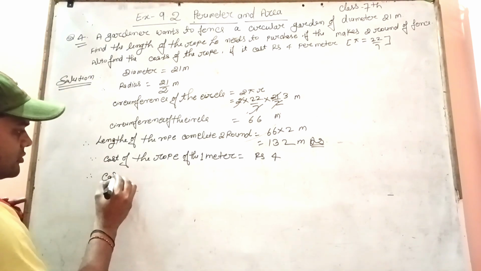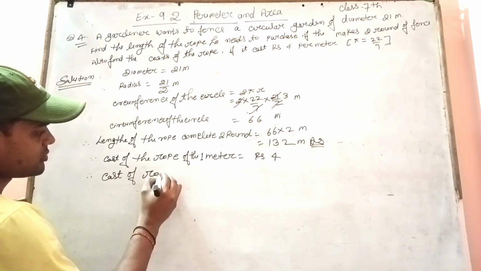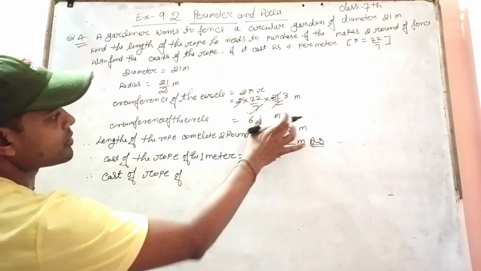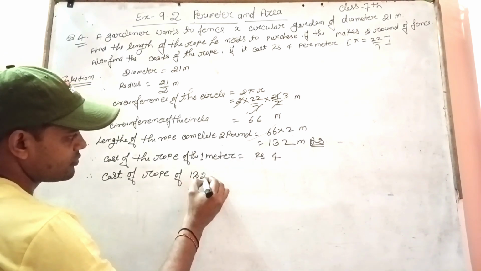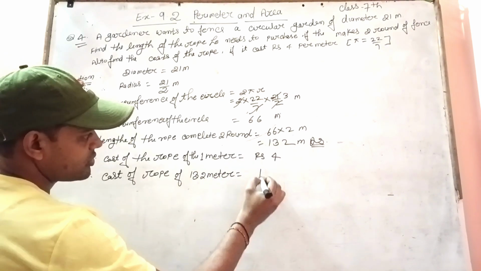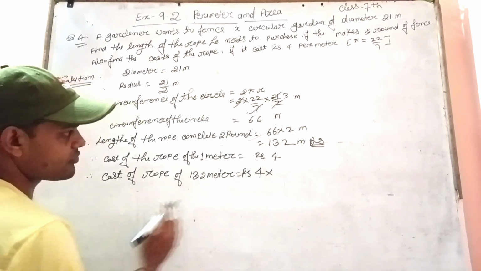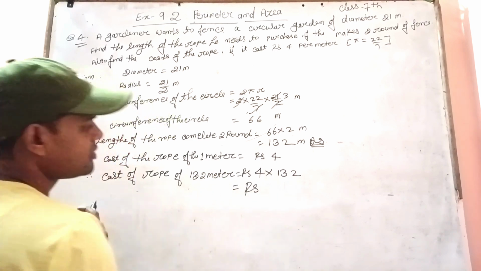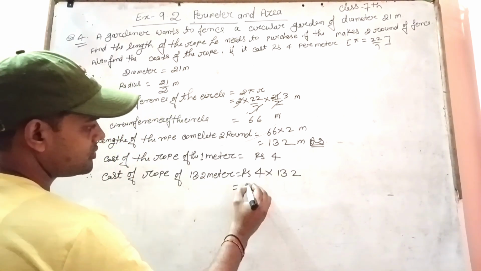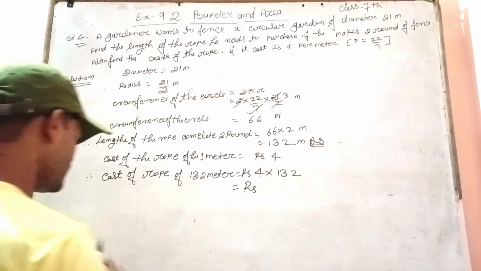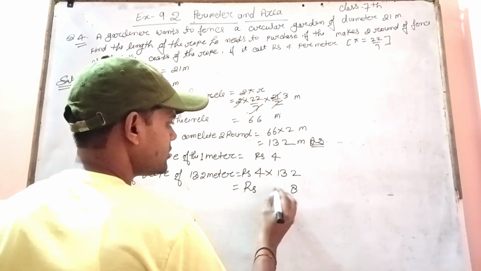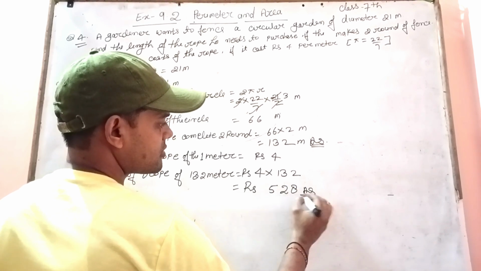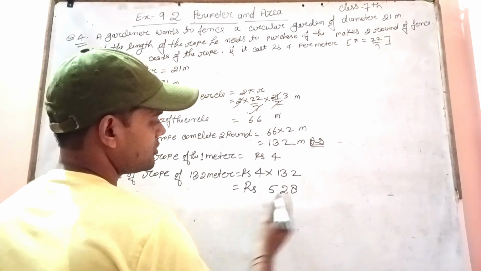Therefore, cost of the rope of 132 meter is equal to 4 into 132, is equal to rupees 528. Answer.